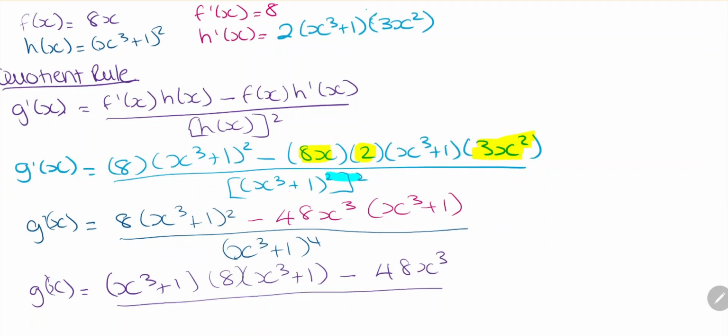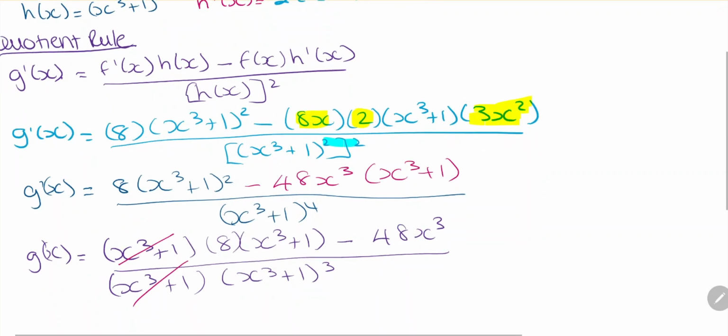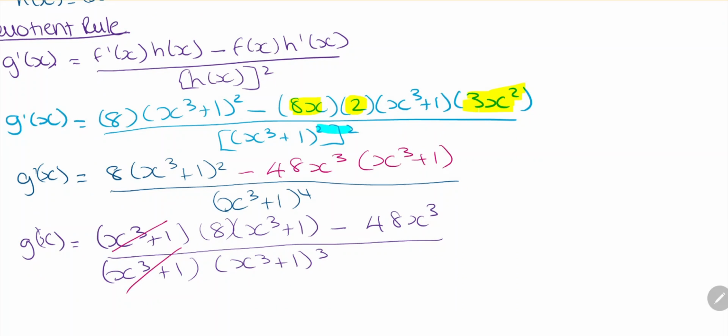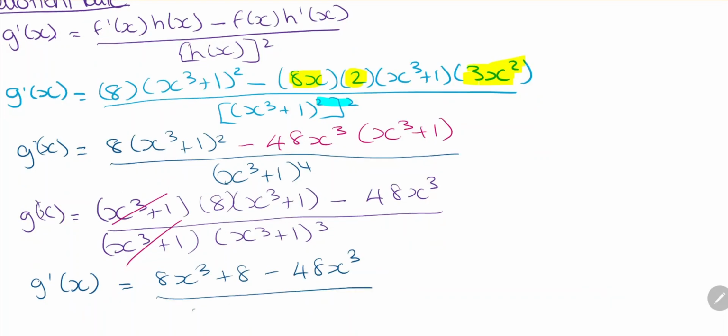And then if we factor the denominator, (x cubed plus 1) multiplied by (x cubed plus 1) to the power of 3. So our x cubed plus 1 will cancel. So now I'm going to simplify. I'm going to distribute the 8. So 8x cubed plus 8 minus 48x cubed. And this is divided by (x cubed plus 1) to the power of 3.